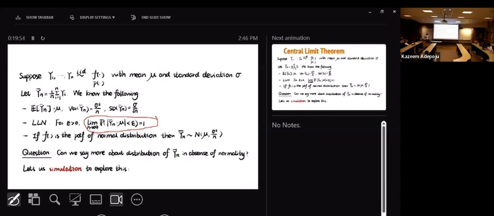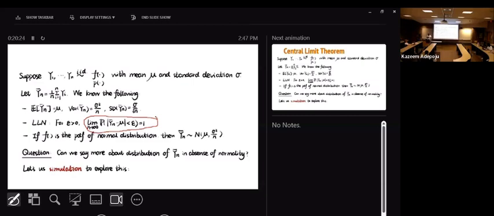Now, I just said that if we know the PDF of the underlying distribution, we can actually conclude on the probability density function of the sample mean. But do you know what we want to do today? What of a situation where we don't know the distribution? When we know the distribution, inference will be very easy to do, right?